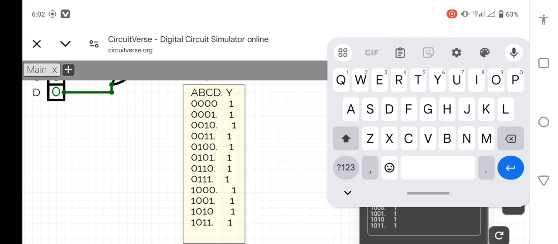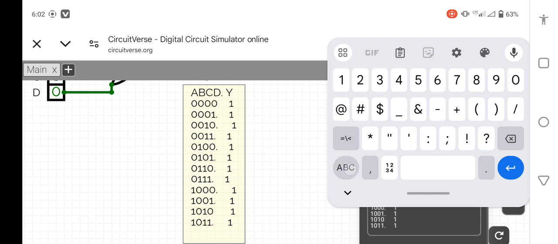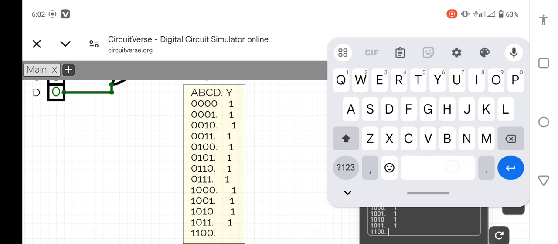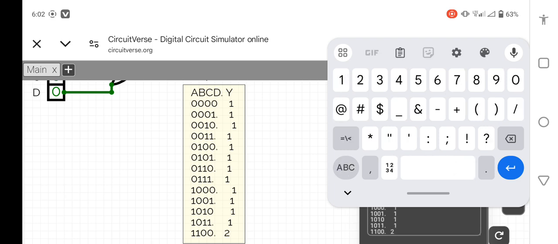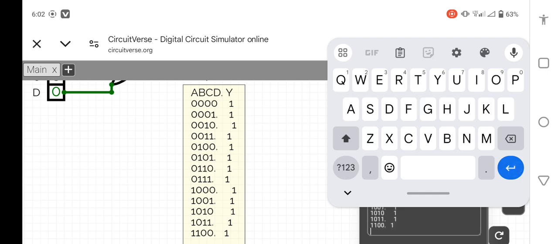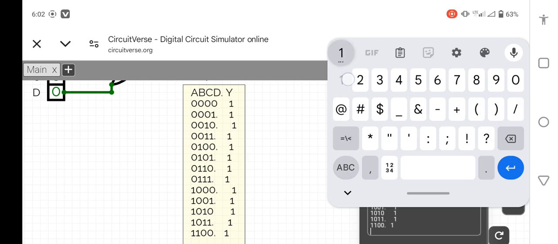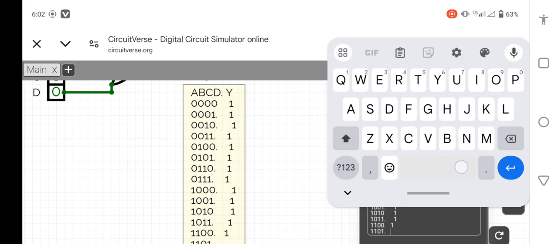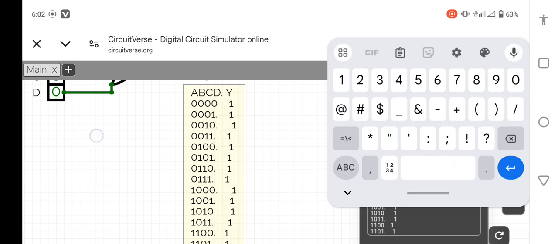For the 13th we have 1100. So the output is 1. For the 14th we have 1101. So the output is also 1.